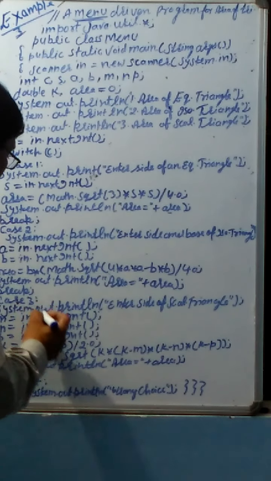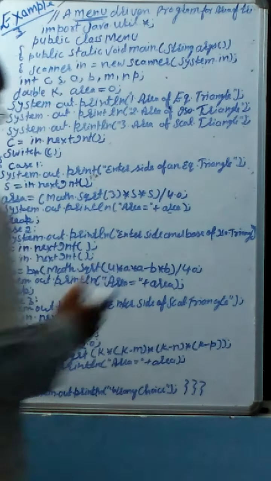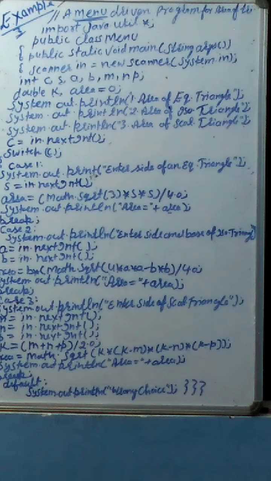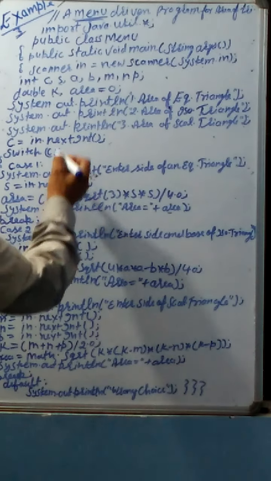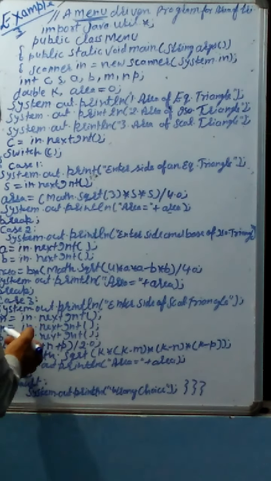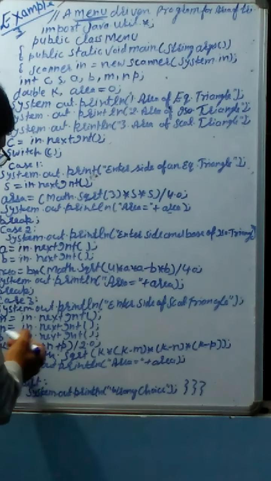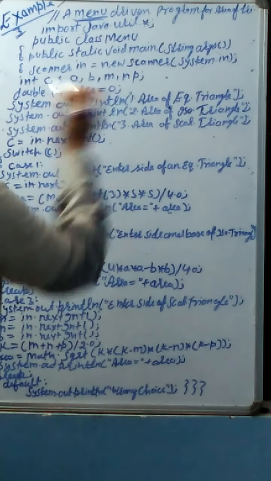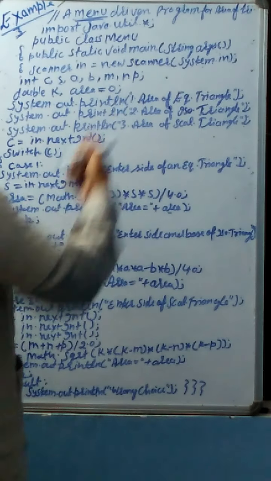First of all, System.out.print to enter the sides of the scalene triangle. We have to enter the three sides: m is equal to nextInt, n is equal to nextInt, and p is equal to nextInt. You can take any variable.